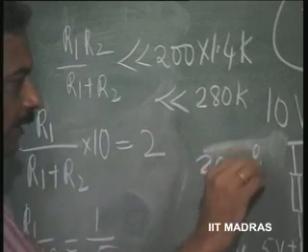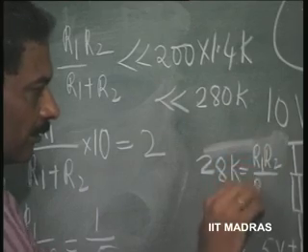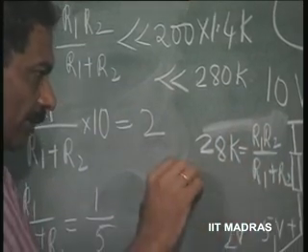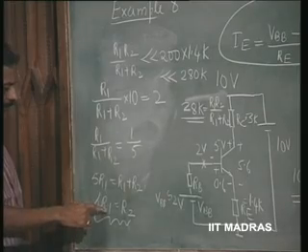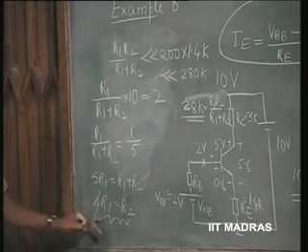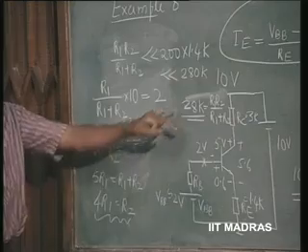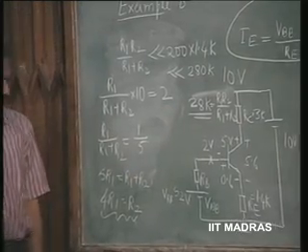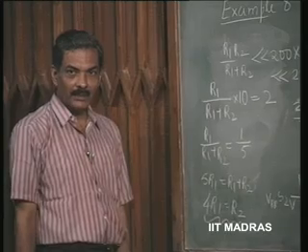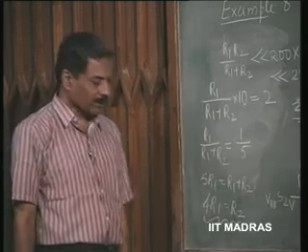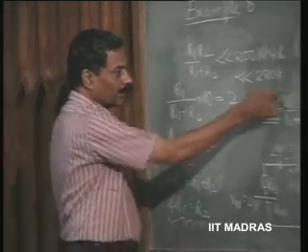So, R1 parallel R2 is 28 K, R1 by R1 plus R2, or 4 R1 is equal to R2. Now, you can substitute for R2 here and get the value of R1. So, I will leave it to you, find out the value of R1 and R2 and come to the next class. This is one relationship, this is the other relationship.